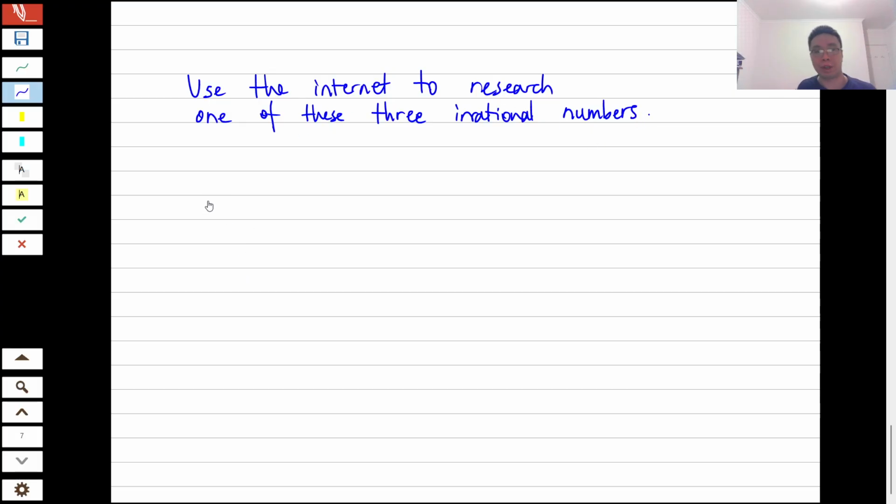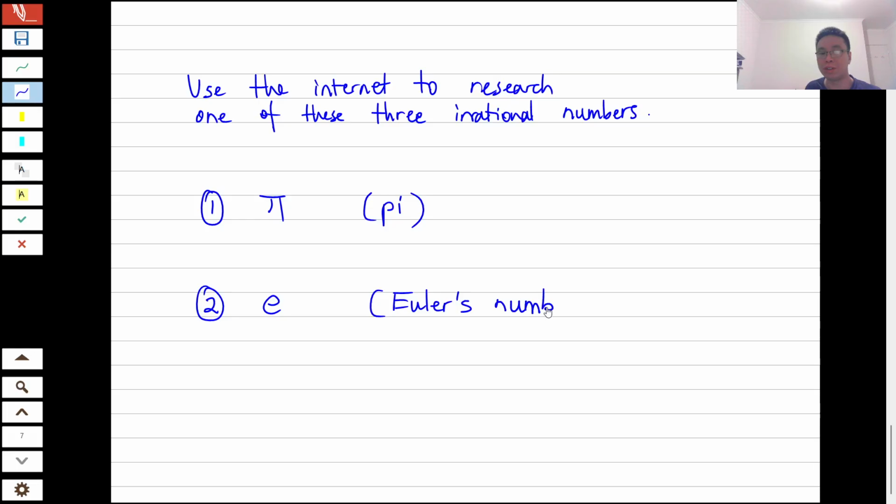Okay, so you have 3 choices. The first irrational number you can look at is pi, spelt Pi. The second irrational number you can do some research on is E. This is called Euler's number.